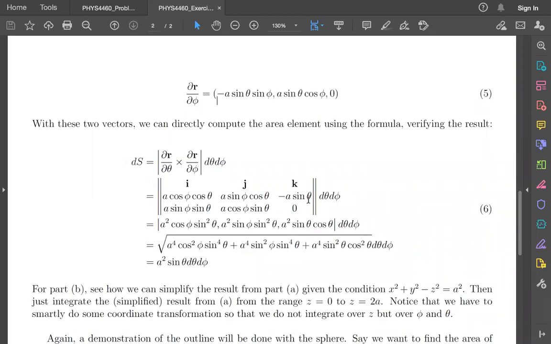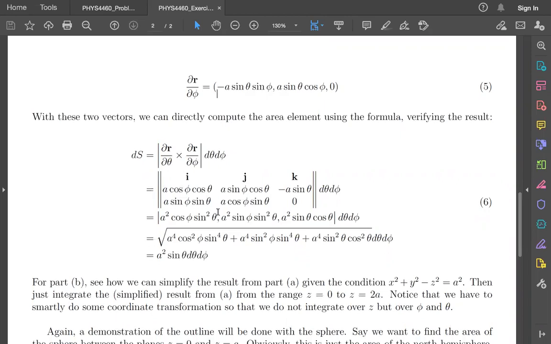And the second line here is nothing but the formula for the cross product. If you can recall, the inner vertical lines here are just the determinant of the matrix-like thing here. And this is just a convenient way to compute the cross product.